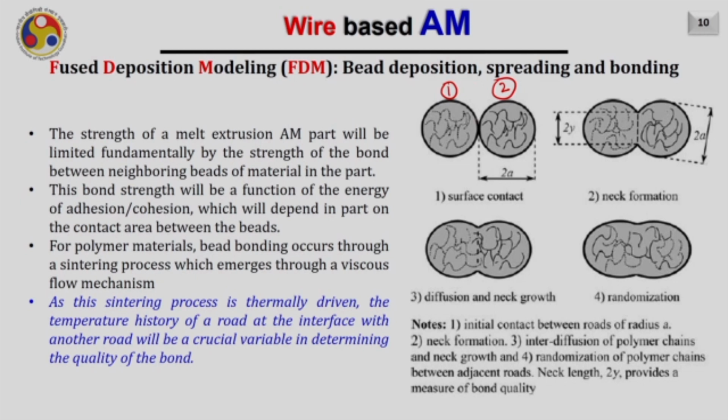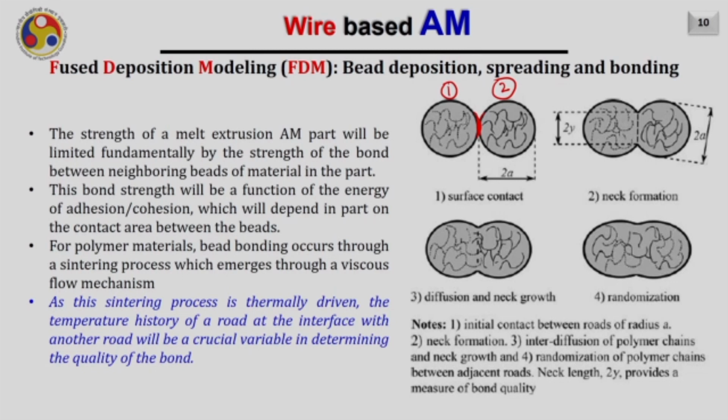This bond strength happening here due to this contact will be a function of the energy of adhesion or cohesion, which will depend in part on the contact area between the beads. If the contact area is more, of course this bond will be stronger. For polymer materials, bead bonding occurs through a sintering process which emerges through a viscous flow mechanism.